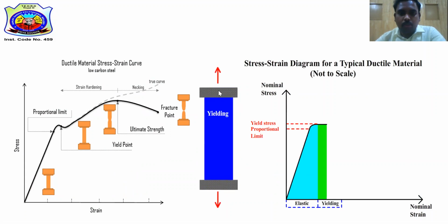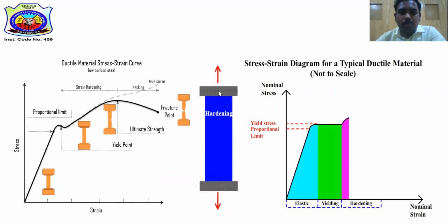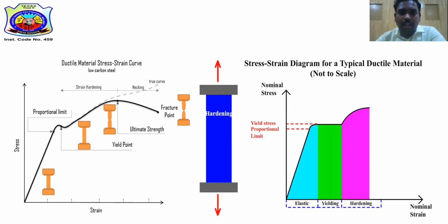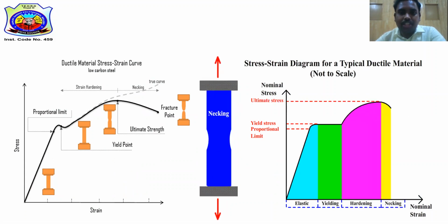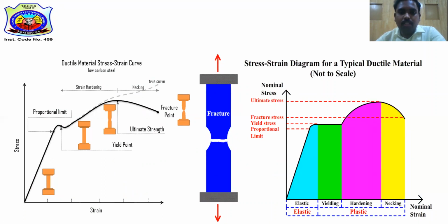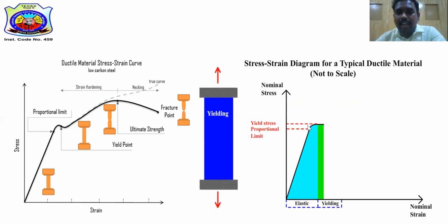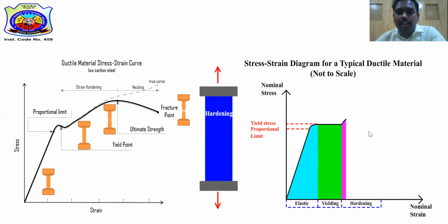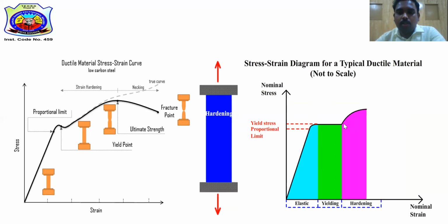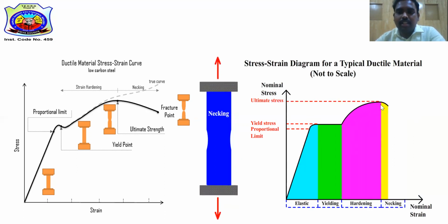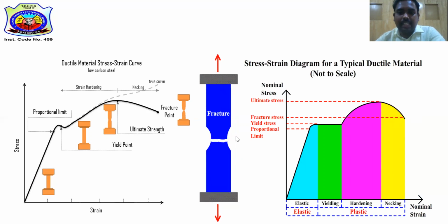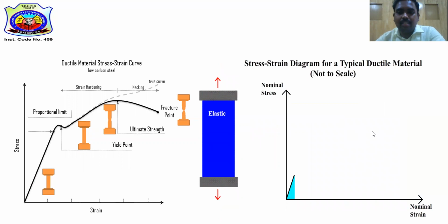This animation clearly shows I am slowly applying the load, and there are certain changes in the dimensions of this circular rod. Simultaneously, the graph is getting plotted. This graph is the stress strain curve for this material. So this is how we get this curve.